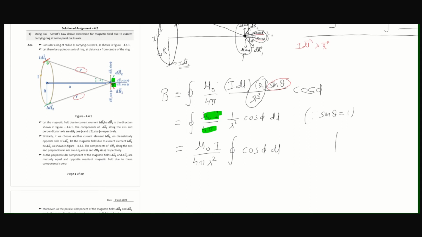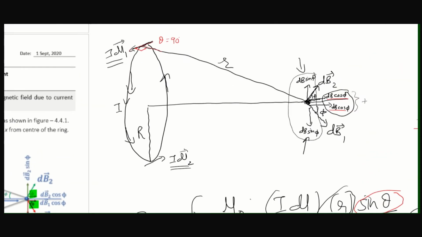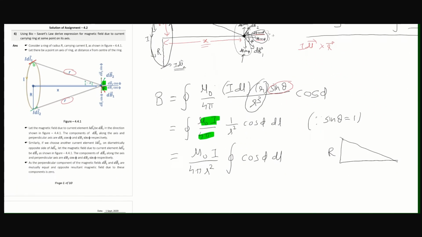So if you look at the diagram, you will see that this is the radius of the ring. Okay, and let us consider that the point of interest, the point where we want to find the magnetic field, let it be at x distance. So this is r, here is x, and so we are talking about a triangle.